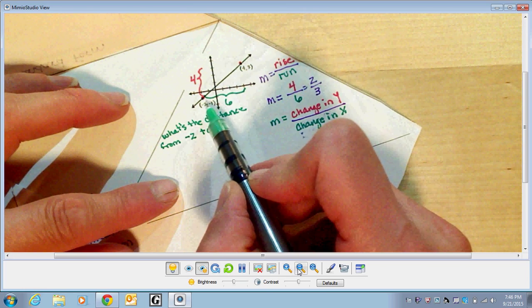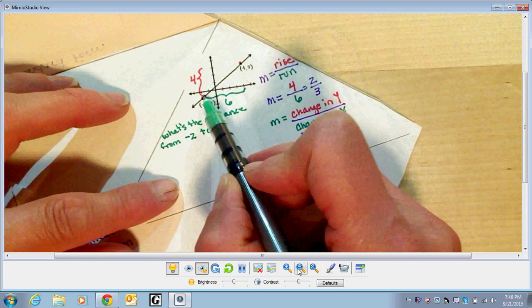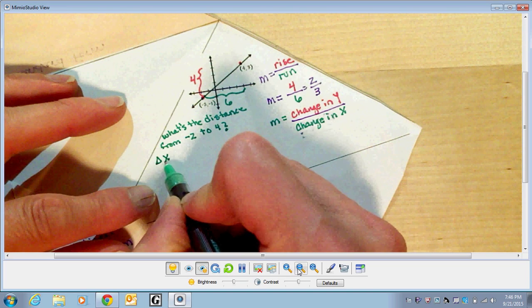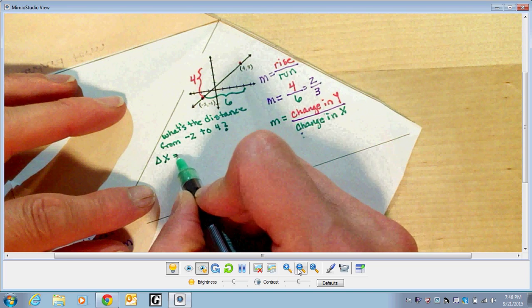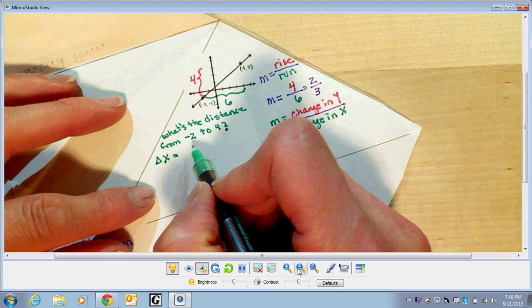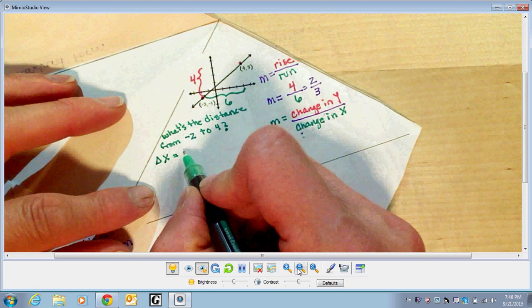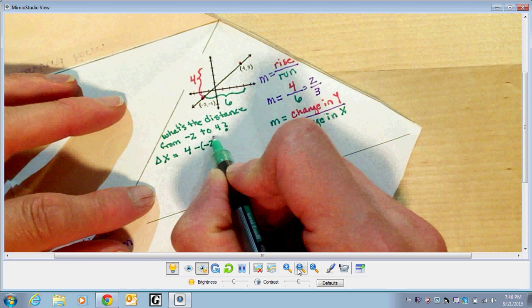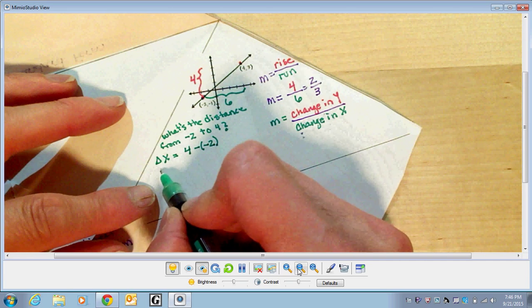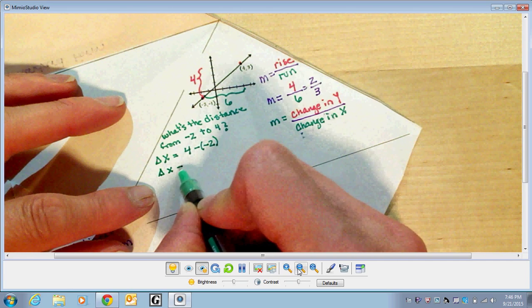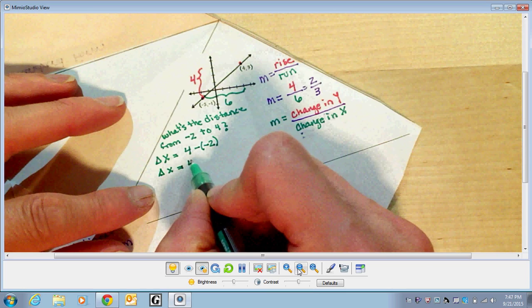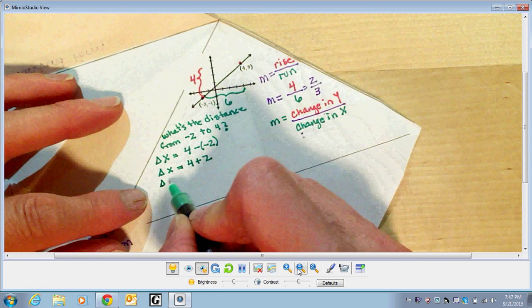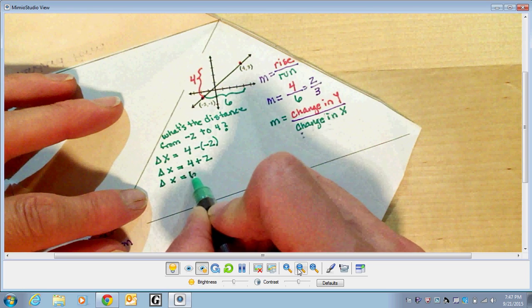From -2 to 4, this way. Okay, so that's going to be our change in x. We're going to start at 4, and we're going to do -2. So the change in x is 4 plus 2, which is 6.